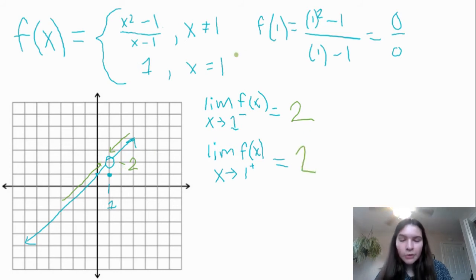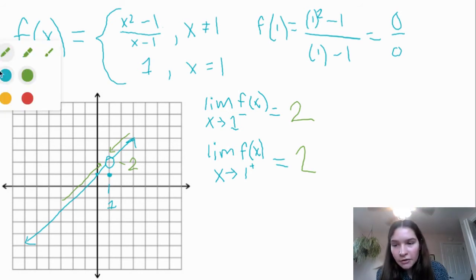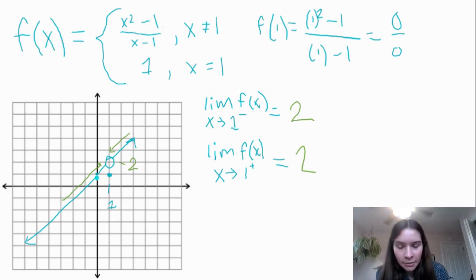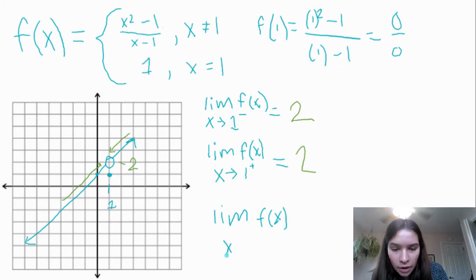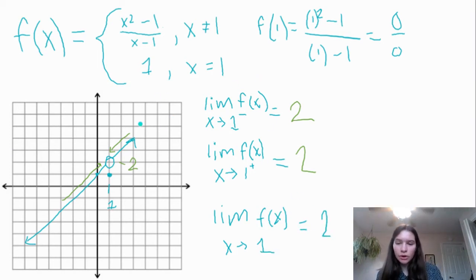So what does this mean? Both of the limits equal the same thing. And if the right-hand limit and the left-hand limit equal the same thing, then you know that the two-sided limit as x approaches 1 equals 2. Cool.